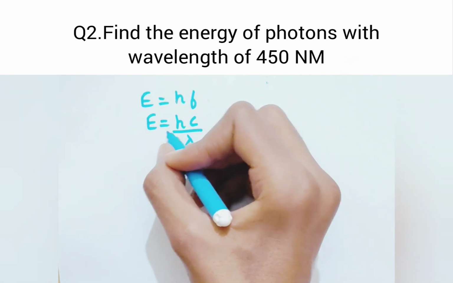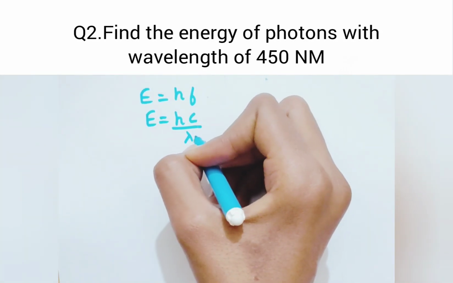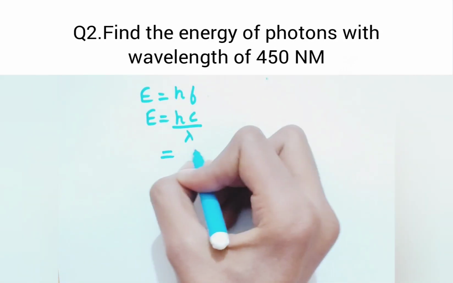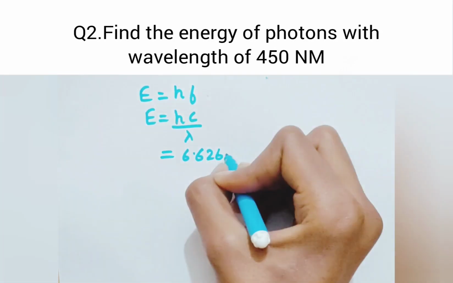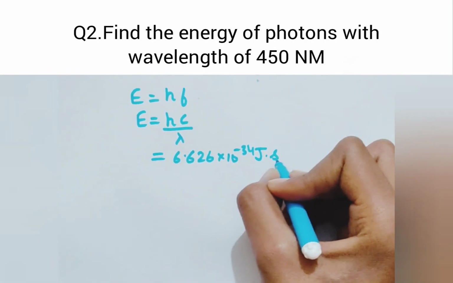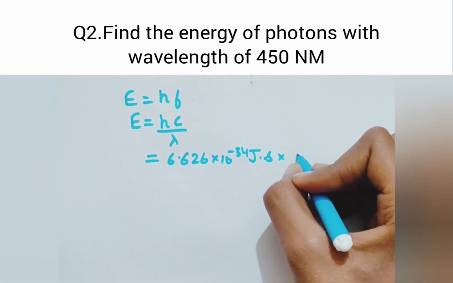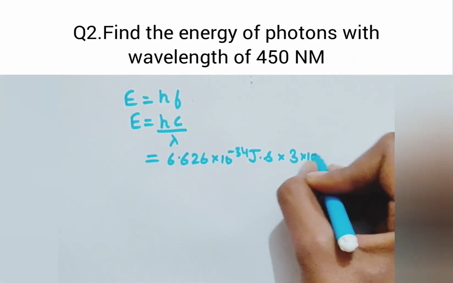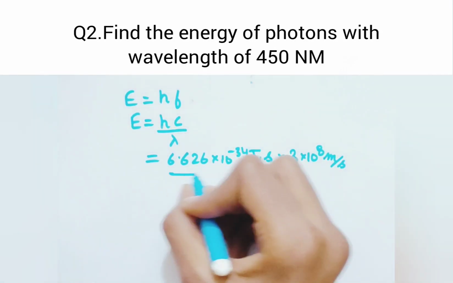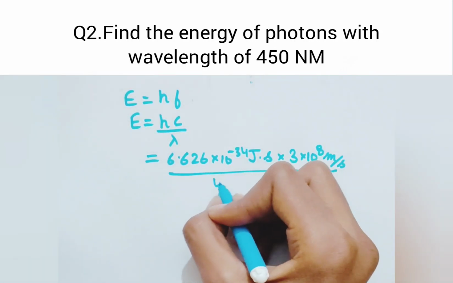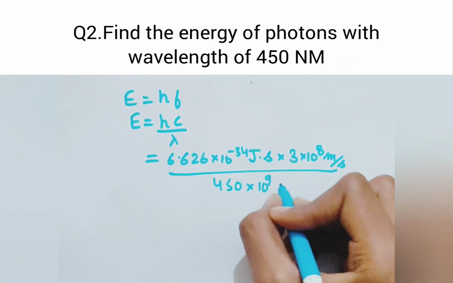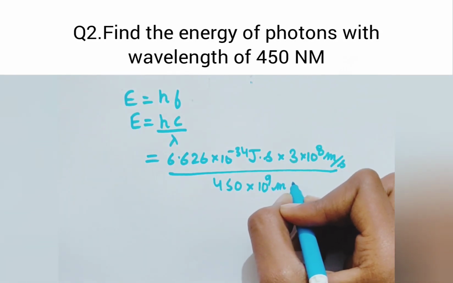So E equals h times c divided by lambda, and we can just solve it now. 6.626 times 10 to the power of negative 34 joule seconds multiplied by 3 times 10 to the power of 8 meters per second, divided by 450 multiplied by 10 to the power of negative 9 meters.